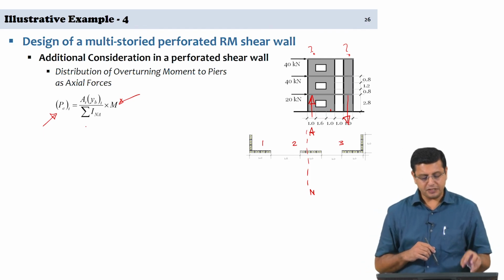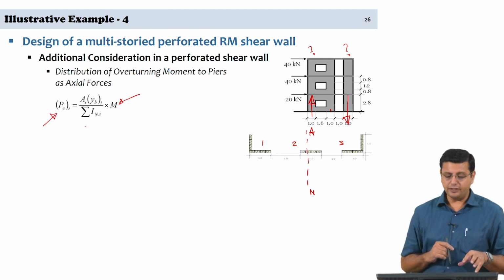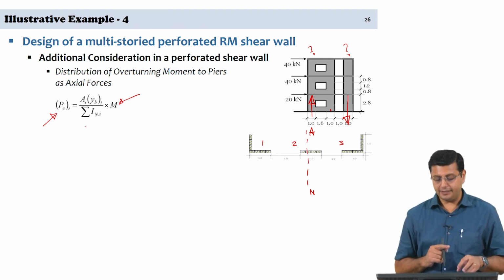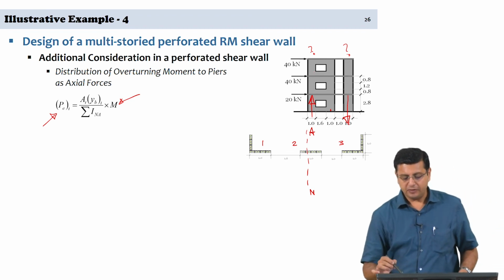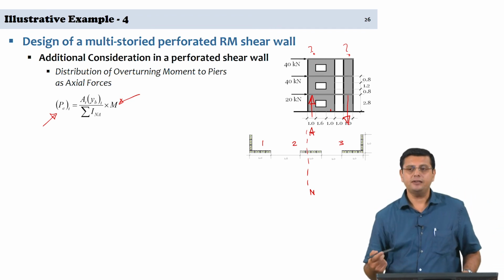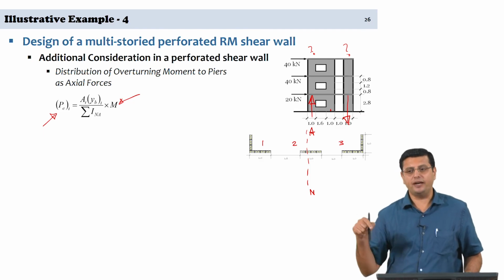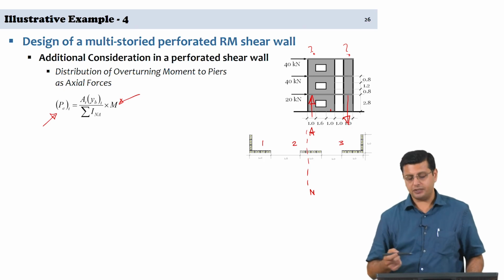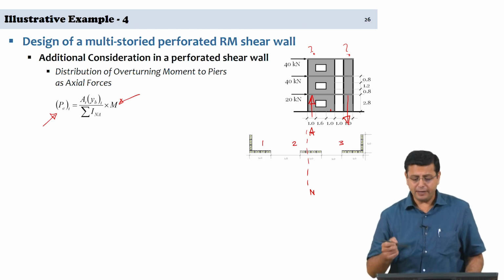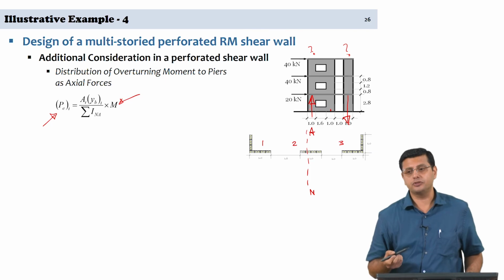So, this additional component of axial force needs to be considered, and as you can see, depending on the level of lateral force, the extreme piers can actually have a beneficial effect due to additional precompression or be in a disadvantageous situation due to the uplift or even be subjected to tension.